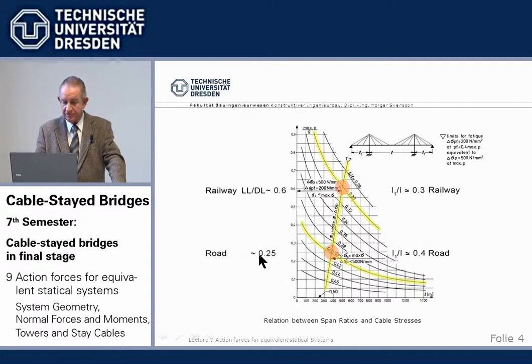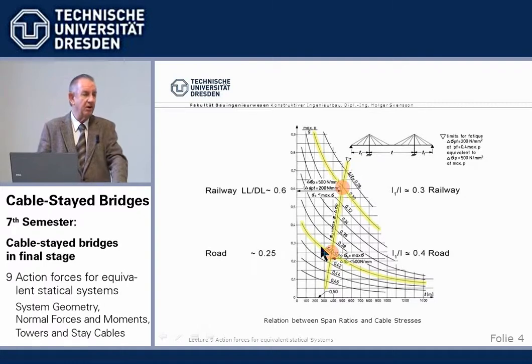If we go for a regular roadway bridge in here, where we hit this vertical line, then we find in these curves a ratio of side span to main span of 0.4. And that's something you should remember. That is very typical, that the side span has 40% of the main span.